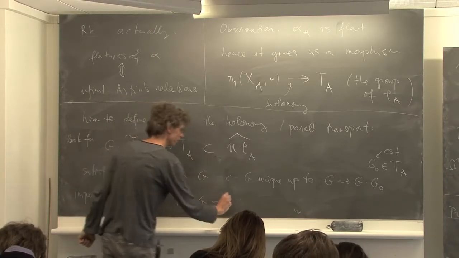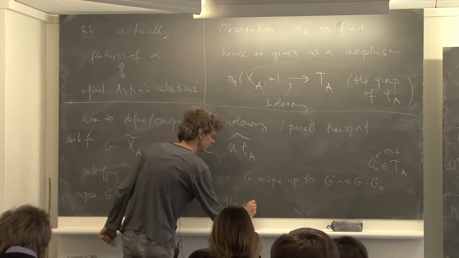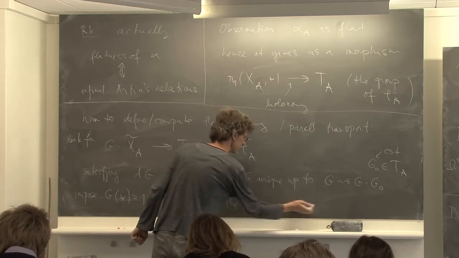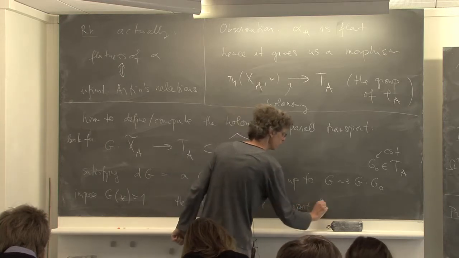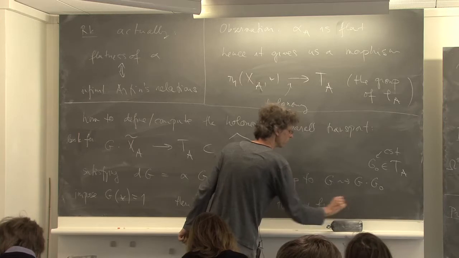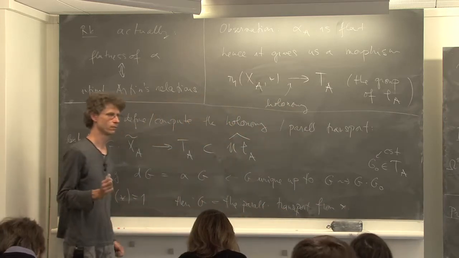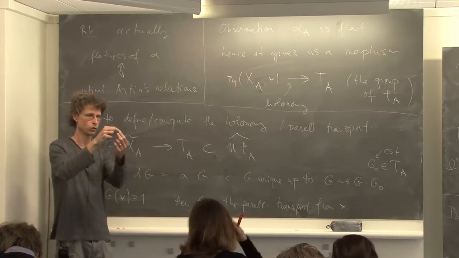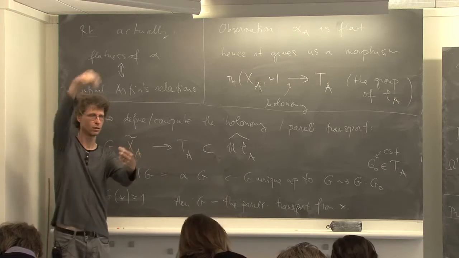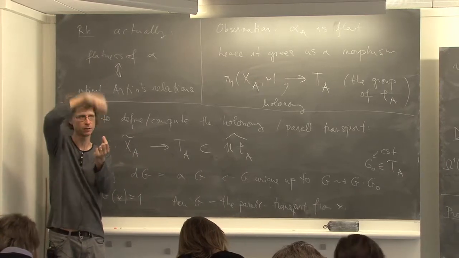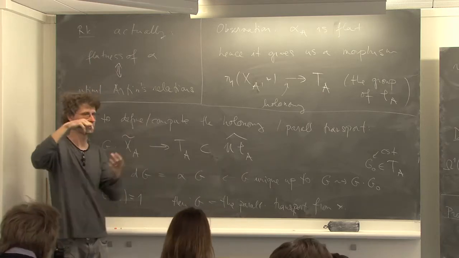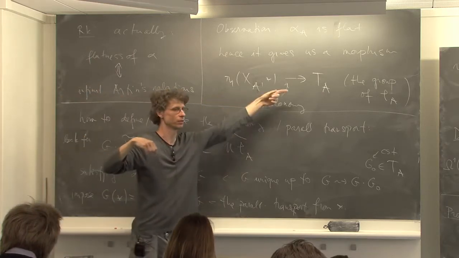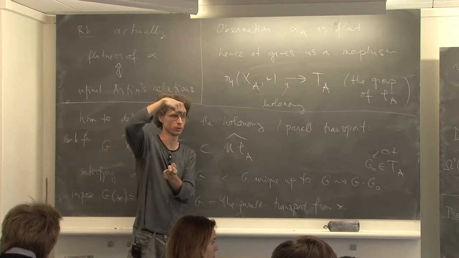Okay, and that's it. Then g is the parallel transport from this start point. Or if you wish, if you choose some other lift of the same point, they differ by an element of the fundamental group, then the value of g on that other lift is what this map assigns to this element of the fundamental group.